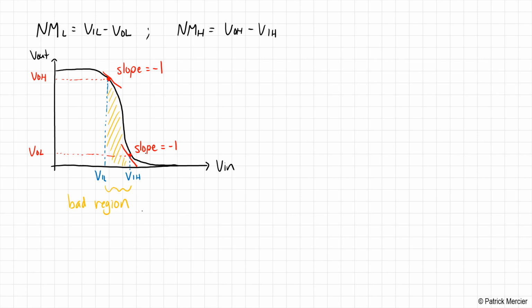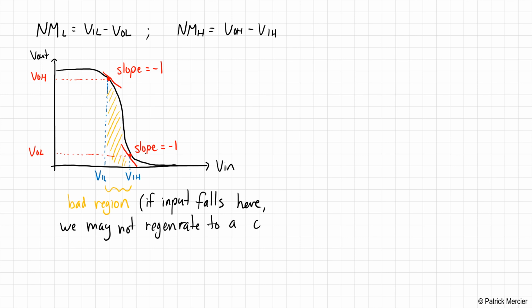And what we mean by that is if the input falls here, we may not regenerate to a correct output, or correct value at the output.